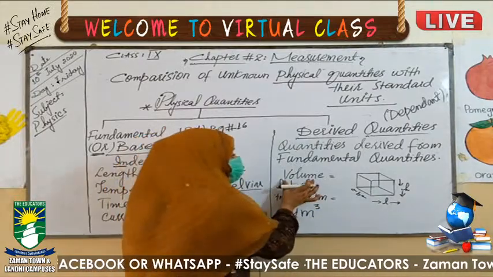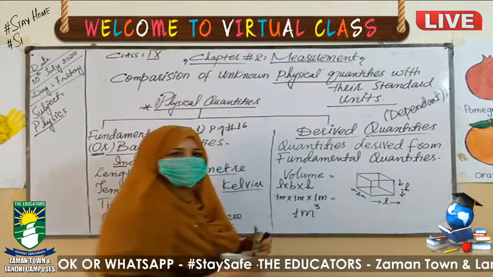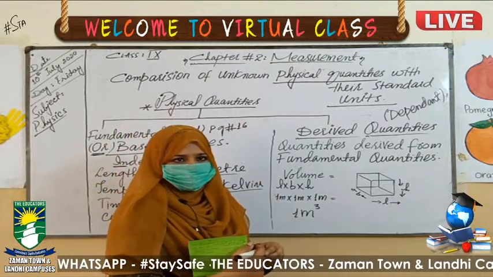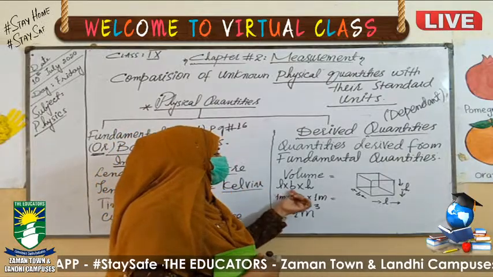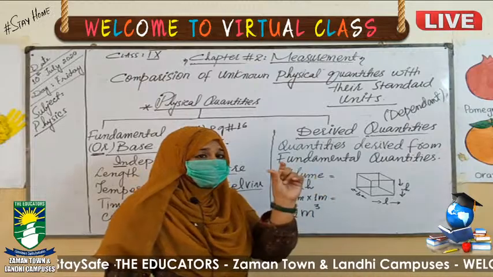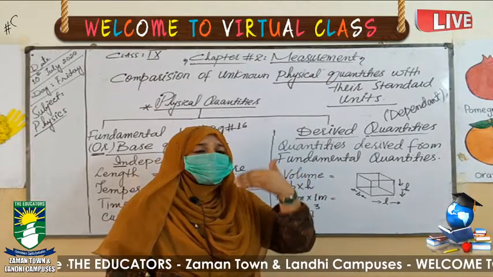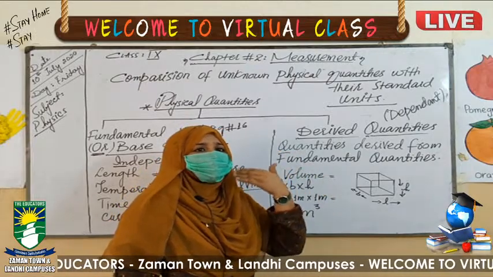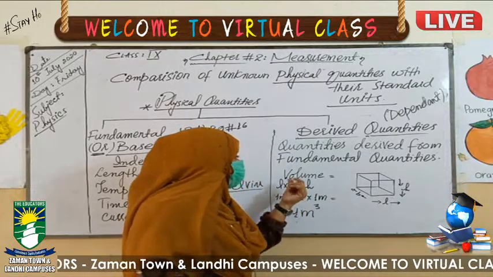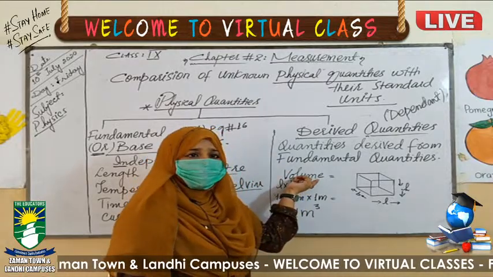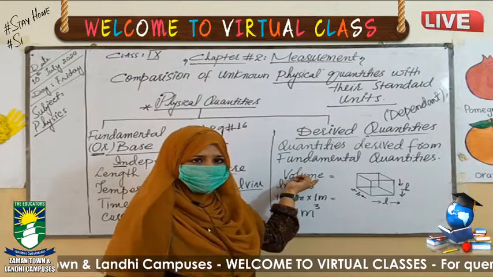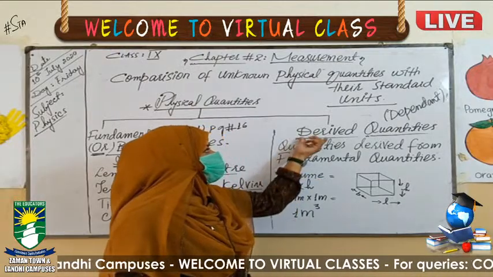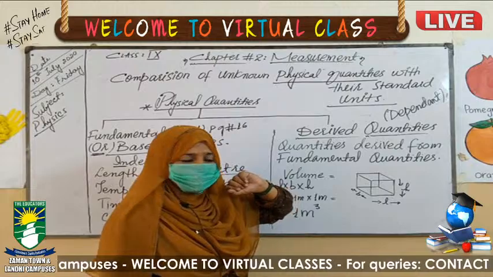Volume is composed of three measurements: length, breadth and height. Because it is a composition of more than one quantity, such quantities are known as derived quantities.